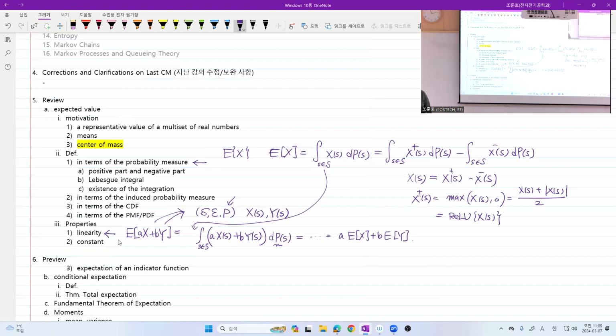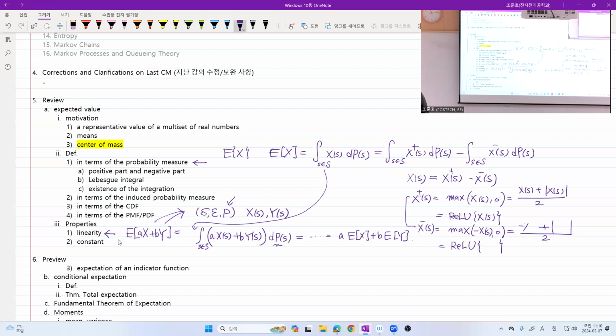Similarly, you define the negative part using max, or something plus its absolute value, and you still use ReLU of something. The difference is that here you take the negative of X of s and still 0.